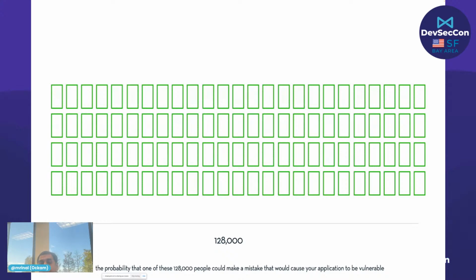At this point, if you pause and ask the question, what is the probability of my application today being vulnerable? The answer is 100%, right? So, okay, that's not good. How do I go tell my customers I've got a secure system?